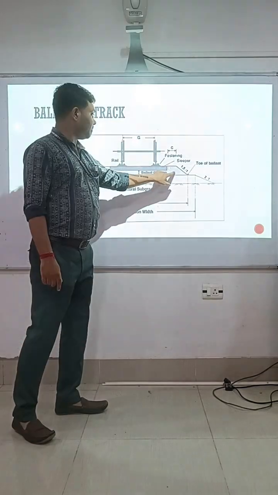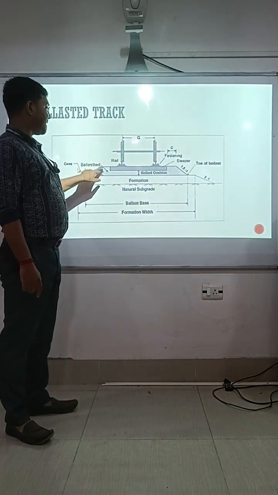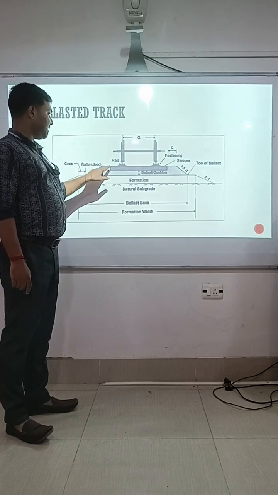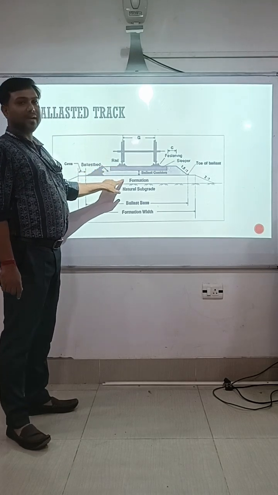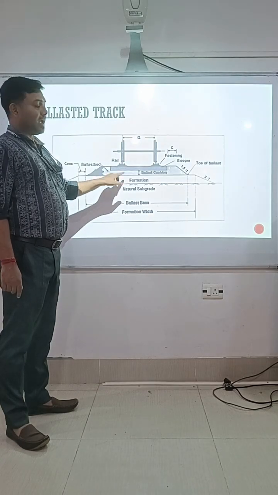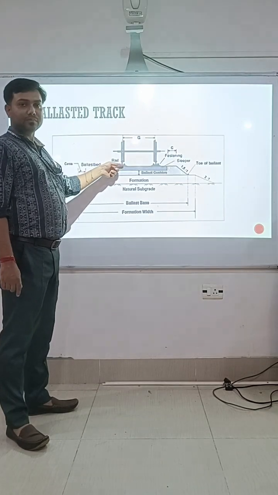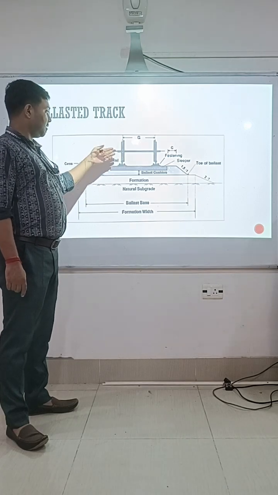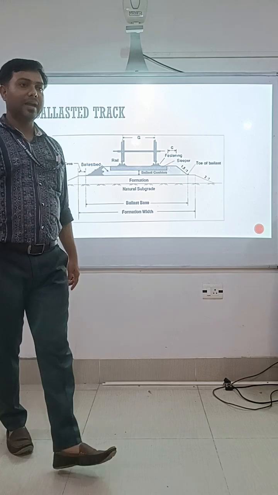Embedded track is nothing but the sleeper embedded into the formation level, and only the rails are visible from the outside.